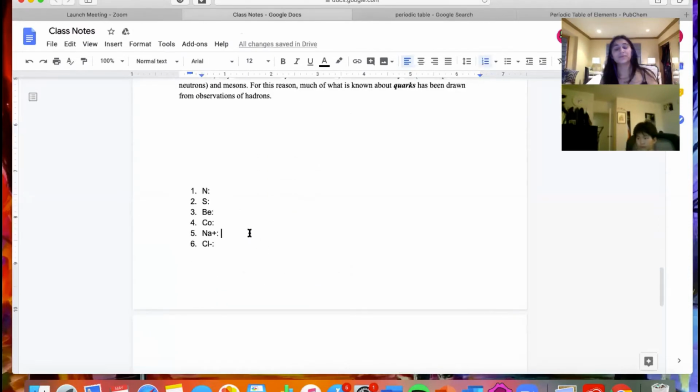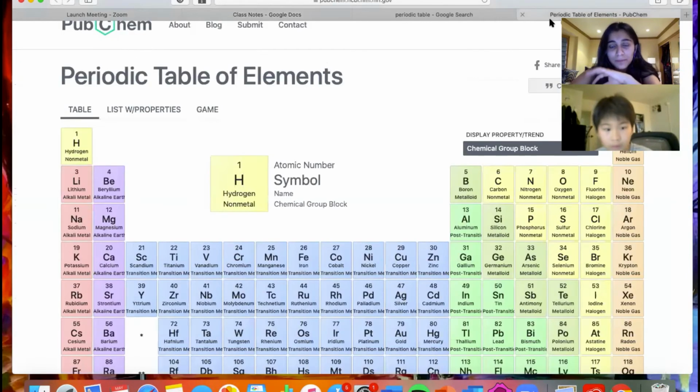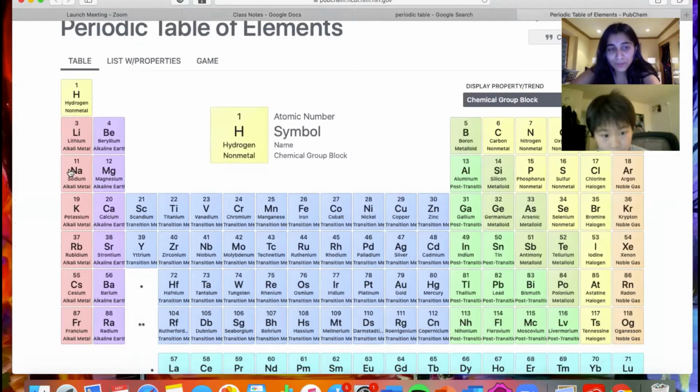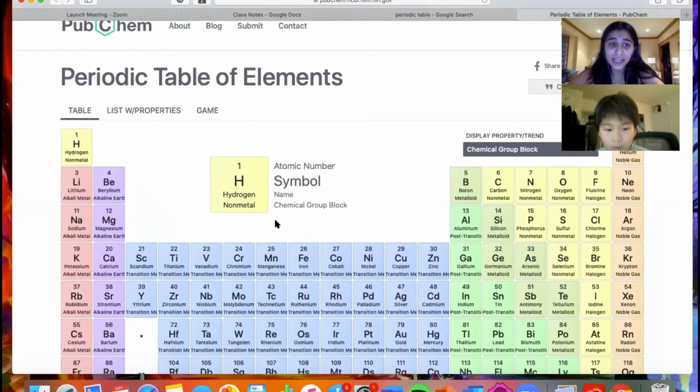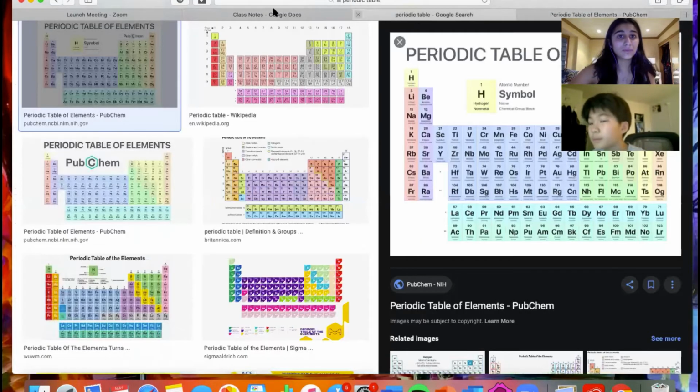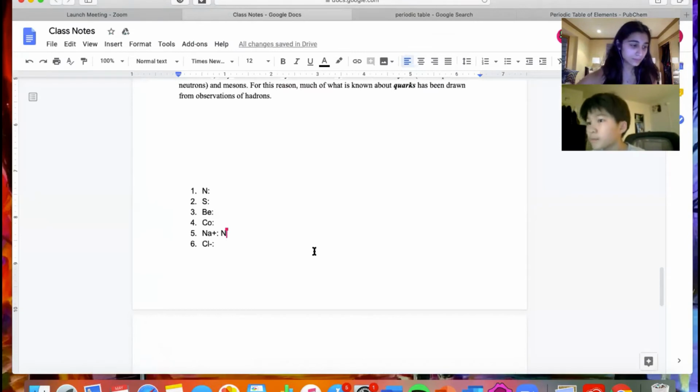So based on that, can you figure out how to write the electron configuration? We said that the sodium cation has the same number of electrons as neon. So based on that, how would you write the abbreviated version?